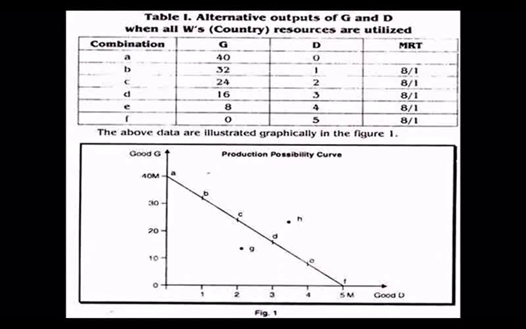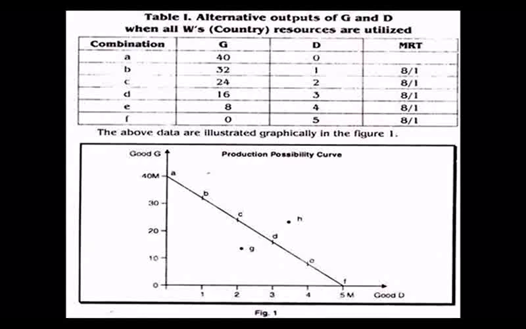Next is, this figure shows us the straight line shape of production possibility curve. You can see in this two goods are produced in an economy, good G and good D. We can see as production of good D increases, production of good G decreases. But when we calculate MRT, marginal rate of transformation, we get a constant number, 8, 8, 8, 8. You can see in this schedule.